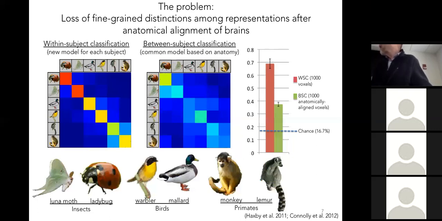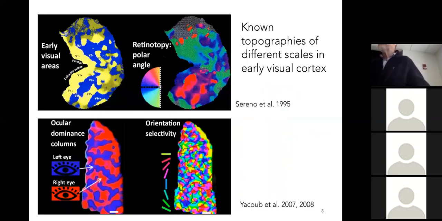So first I want to talk a little bit about what these patterns look like, and back up into early visual cortex to talk about how topographies are structured. In early visual cortex, this is a map of retinotopic areas starting with V1, and the cortex has been cut along the fundus of the calcarine sulcus. And within V1, there's a topographic map of retinotopic location.